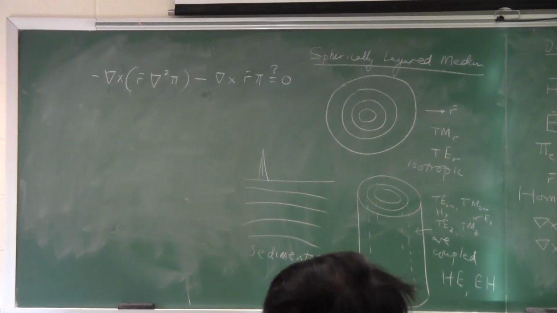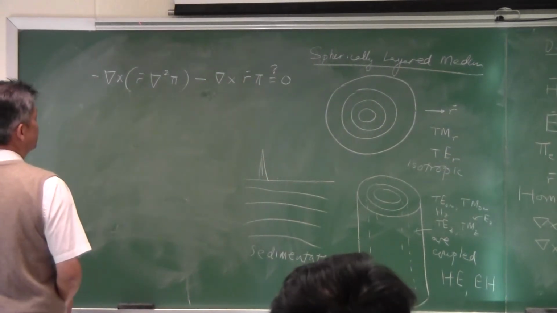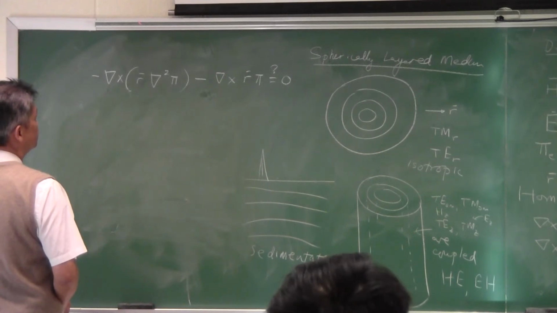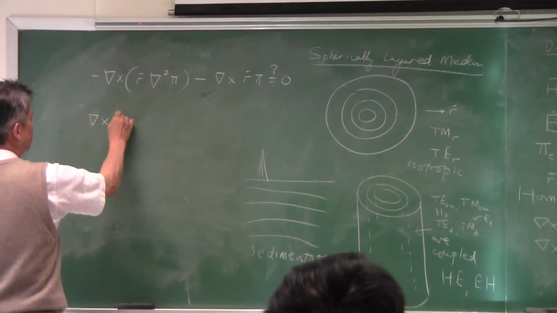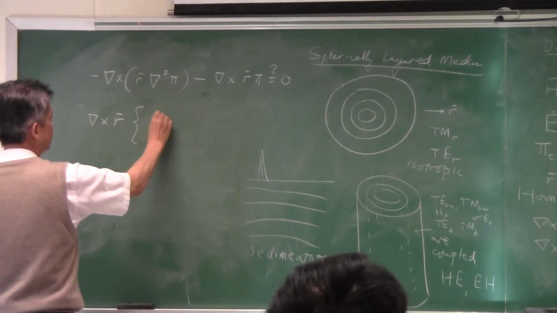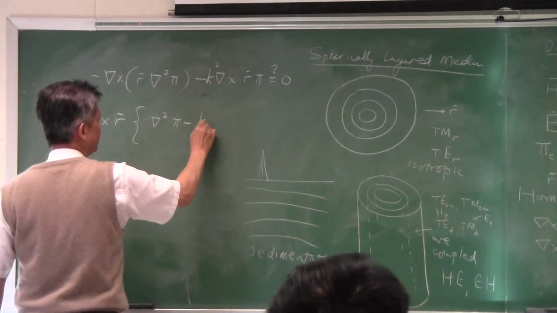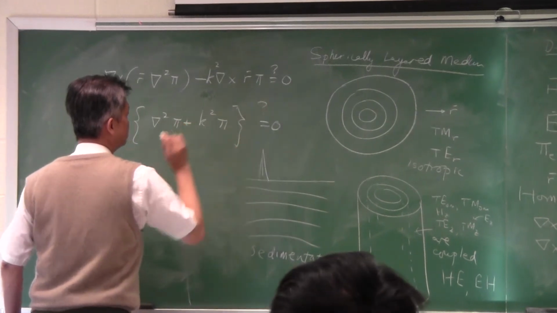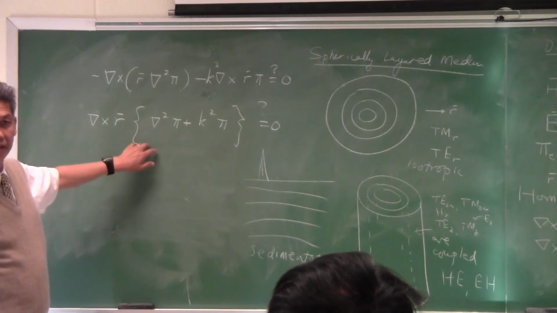This term becomes that term, and then if I look at this thing further, I can write this as curl of R, Laplacian of pi. It should be a k squared here, sorry. K squared pi is equal to 0. Right? This thing reduces to that thing.